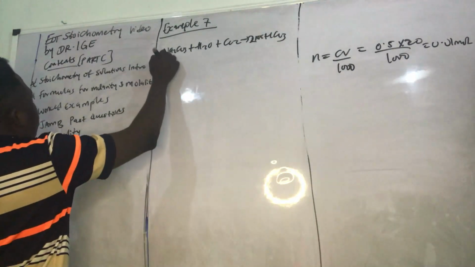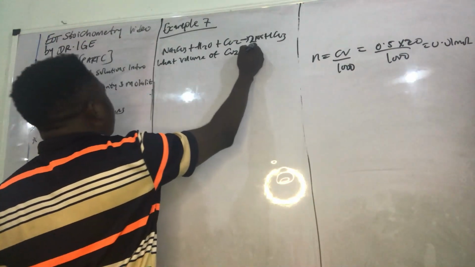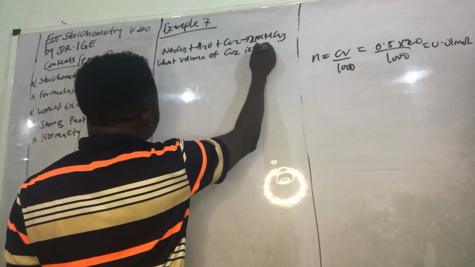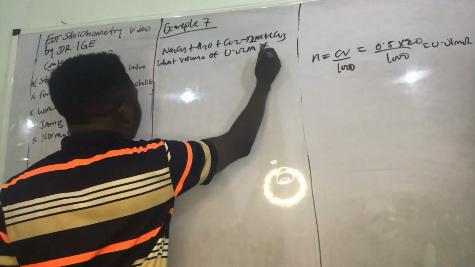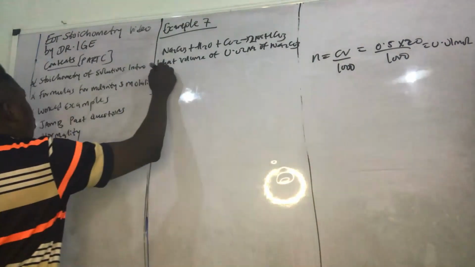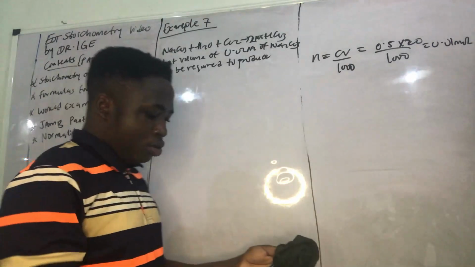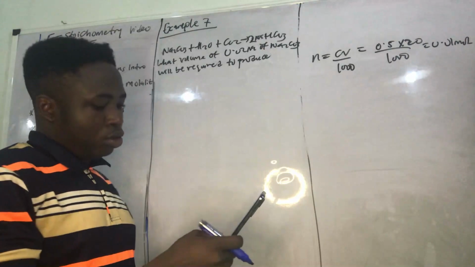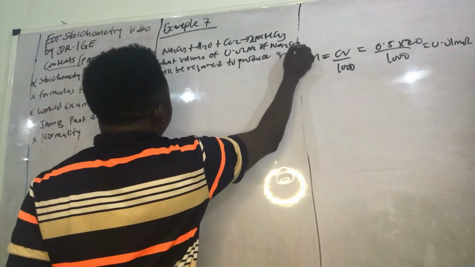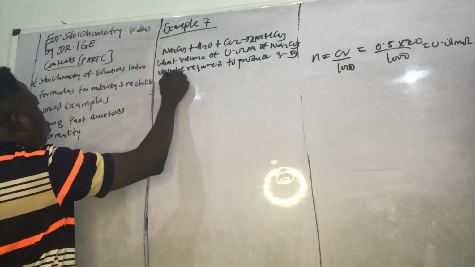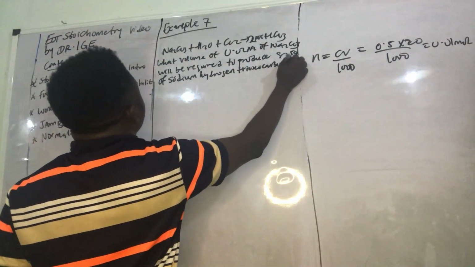Now can I ask what volume of 0.02 mole of Na2CO3 will be required to produce 8.5 grams of sodium hydrogen carbonate, NaHCO3?